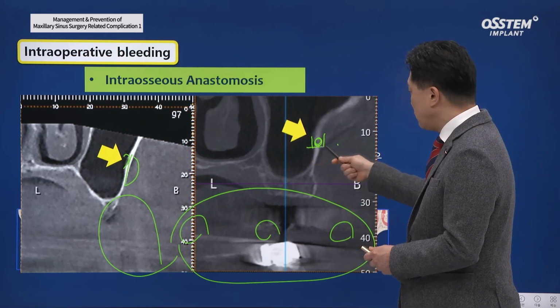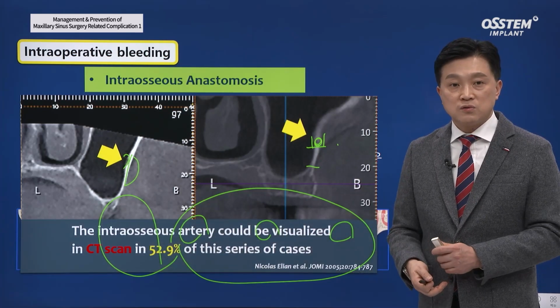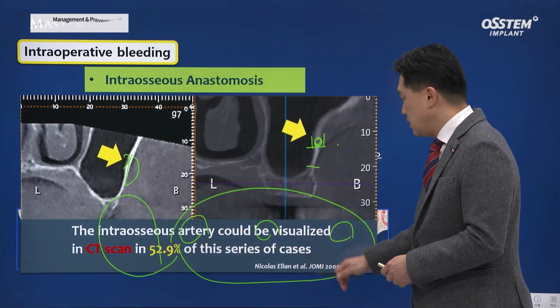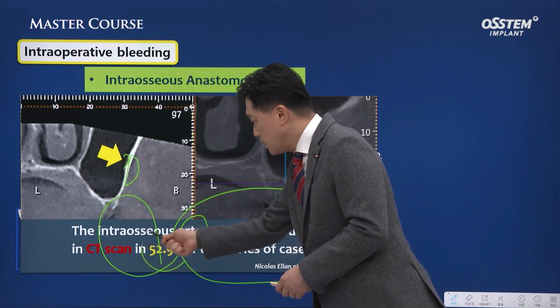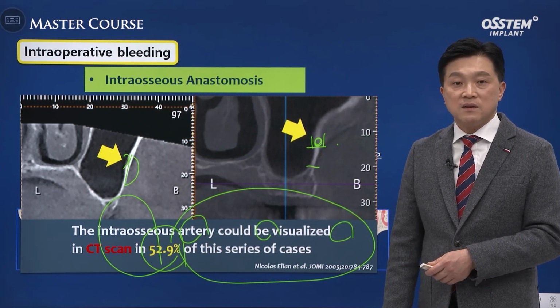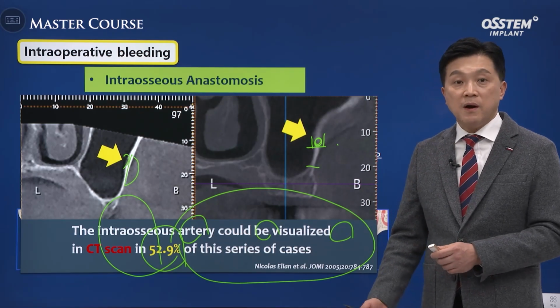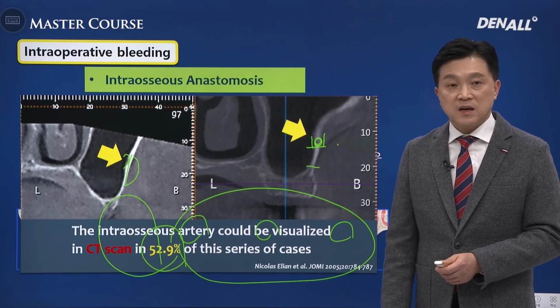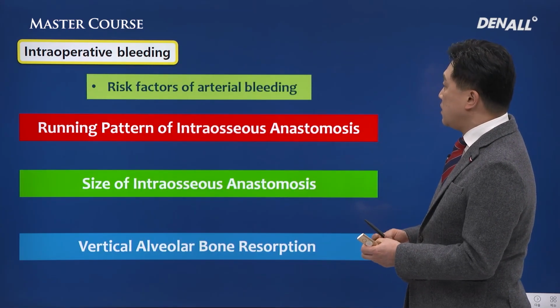If possible, window needs to be formed below that. However, as mentioned in the previous lecture on CT, you can only see intraosseous anastomosis artery half the time. There can be cases where you cannot see it, and you need to bear this in mind as you perform surgery. Let's look at arterial bleeding.